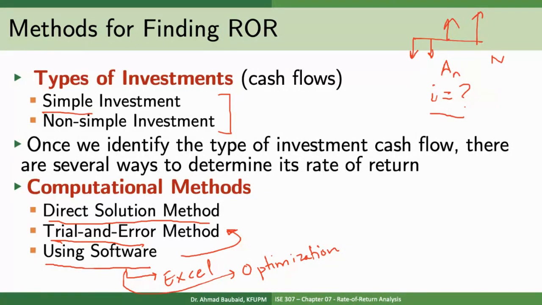So if I write an expression for the present worth, set it equal to 0, then I need to solve for I, because the present worth is a function of I, right? So sorry, present worth as a function of I is equal to 0. So I need to find this I, and basically I'm finding the root of some polynomial. That's why you can use optimization software, but Excel is also very handy, and it gives you the solution using a function that's built in, okay?